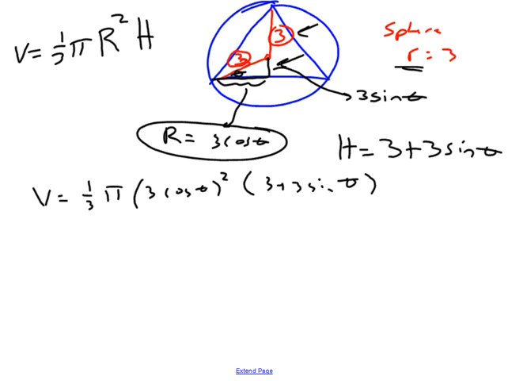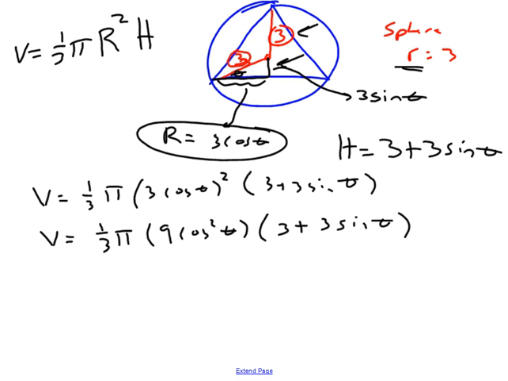Now we enter into a trig gymnastics course with some simplifying. So we get 1/3 pi 9 cos squared theta, distributing that squared, times 3 plus 3 sine theta. Now let's factor out a 3 and factor out the 9.